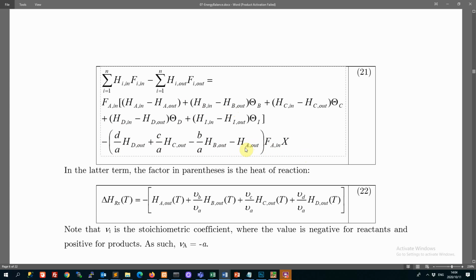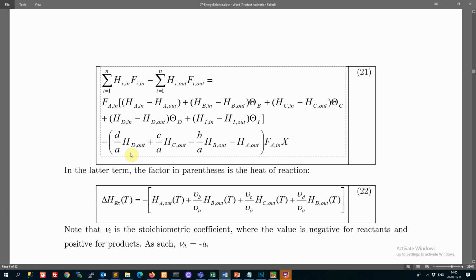Yeah. So when you look at this, you can see now we've managed to separate nicely the temperature difference part, right? So between inlet and exit, you've got a temperature difference here, and that shows up as an enthalpy difference. And then for the other part, you've got the reaction contribution here. So the F A in X part, this is all about the reaction.